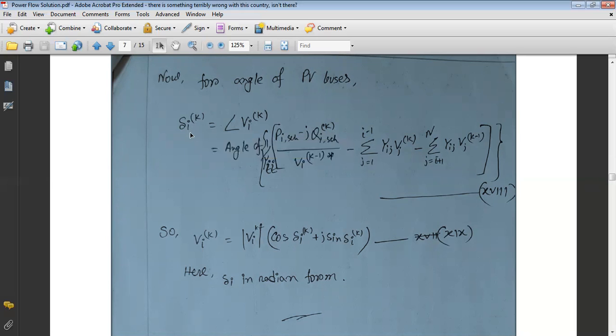To determine delta, the equation will be the same, but we just need to consider the angle from this equation. Now, to consider the angle from this equation, we have to determine the voltage.